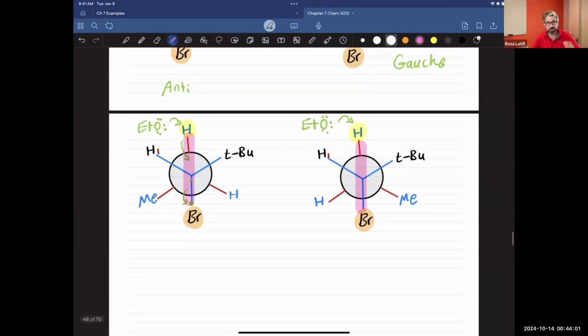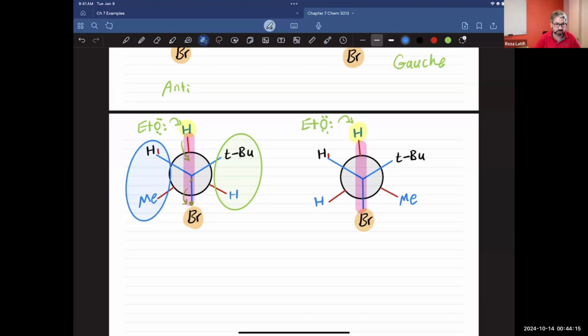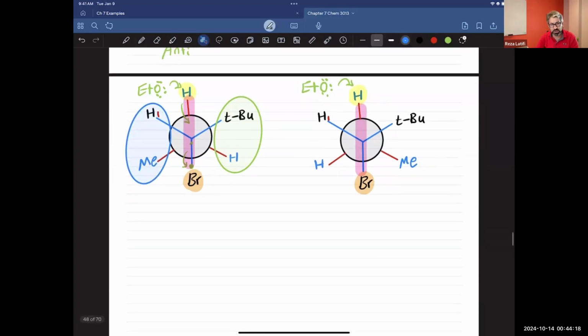Now if I take those 2 out of the system, what do I get? On the left side, I see these 2 groups on one side. And on the right side, I see tertiary butyl and hydrogen number 1 on one side, and methyl on the other. The front carbon, which we wrote with a blue color, has tertiary butyl and hydrogen number 1.